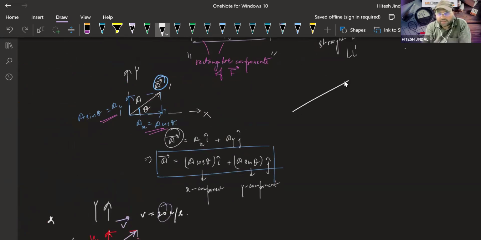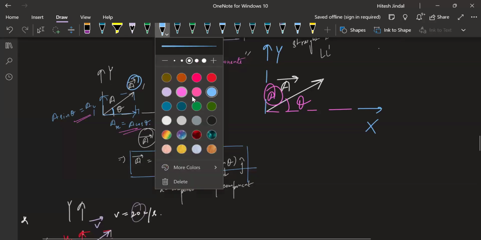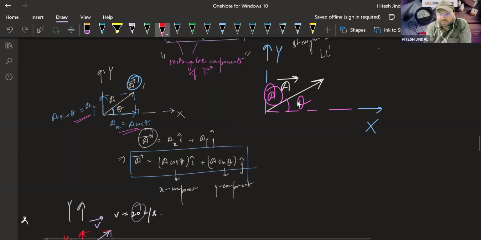If I have any vector, let's say I have this vector A, and let's say its magnitude is A, and it is making angle theta with the horizontal, right? Let's say this is my x-axis and this is my y-axis. This vector can be broken up, can be resolved into two components.